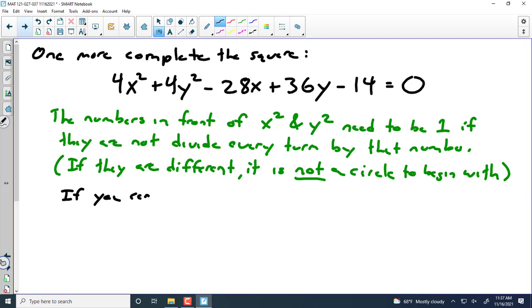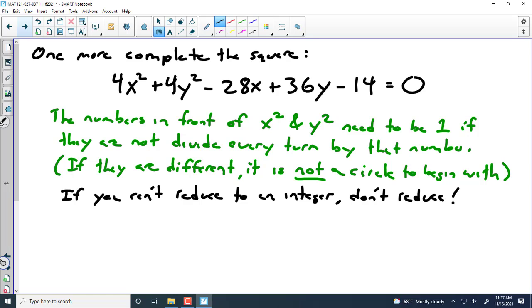If you can't reduce to an integer, don't reduce. After you do your division, if it's impossible to reduce it down to an integer, you actually should not reduce it. And I will show you exactly what I mean by that, everyone.